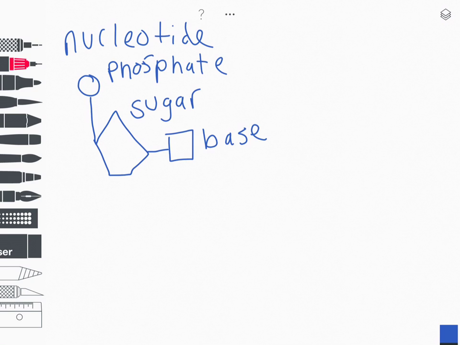And there are four possible bases that you could find in DNA. There's adenine, which we usually abbreviate with an A, guanine with a G, cytosine with a C, and thymine with a T. So every nucleotide of DNA is going to have a phosphate, a sugar, and then either an A, a G, a C, or a T.